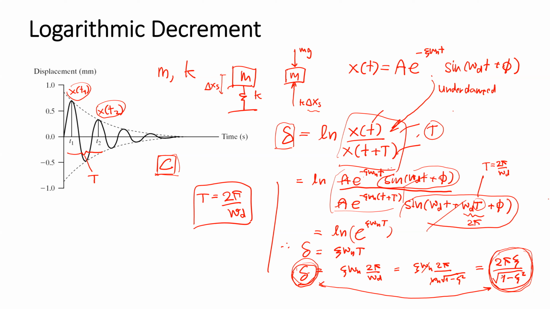So I will begin by multiplying both sides of the equation by the denominator. So we're going to have delta multiplied by the square root of 1 minus psi square equal to 2 pi psi. Does that make sense?